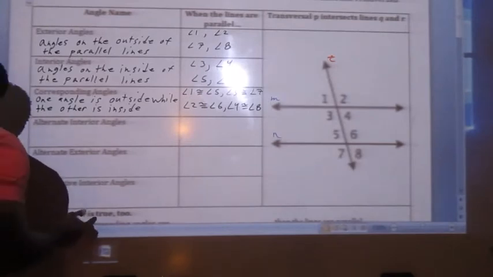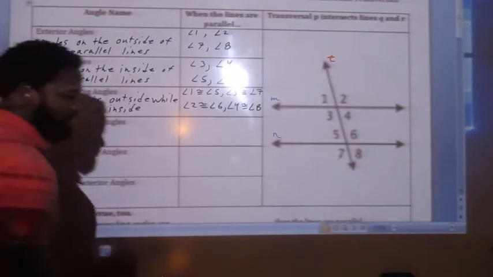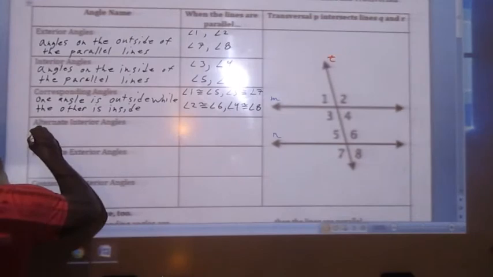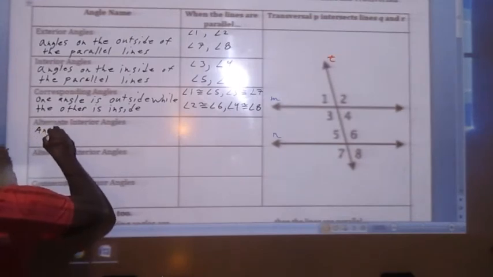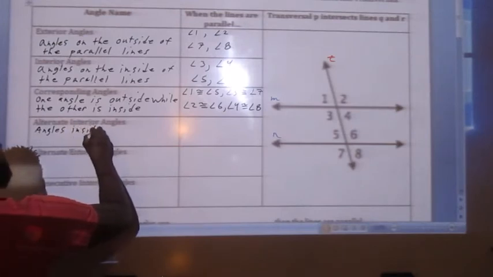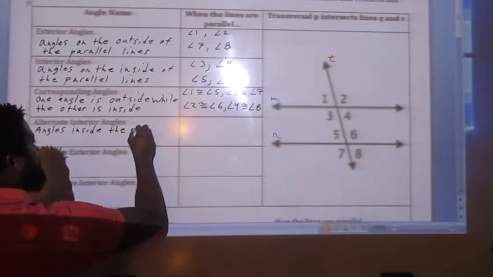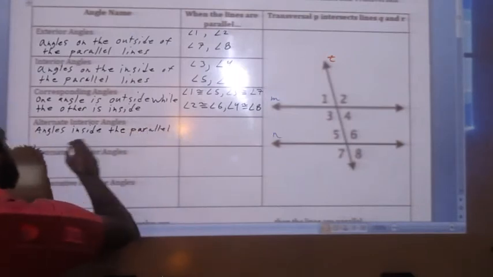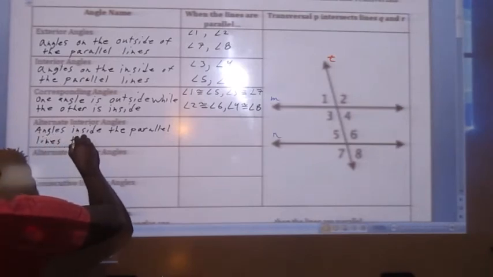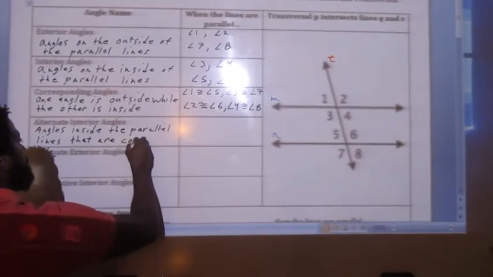So, alternate interior, meaning angles inside the parallel lines that are congruent.